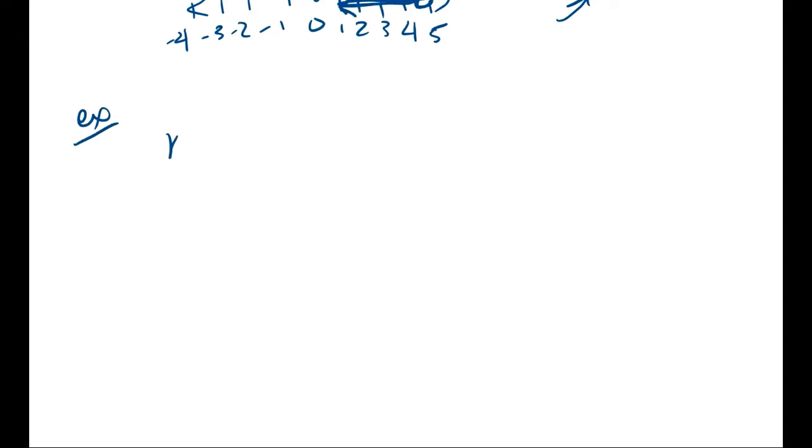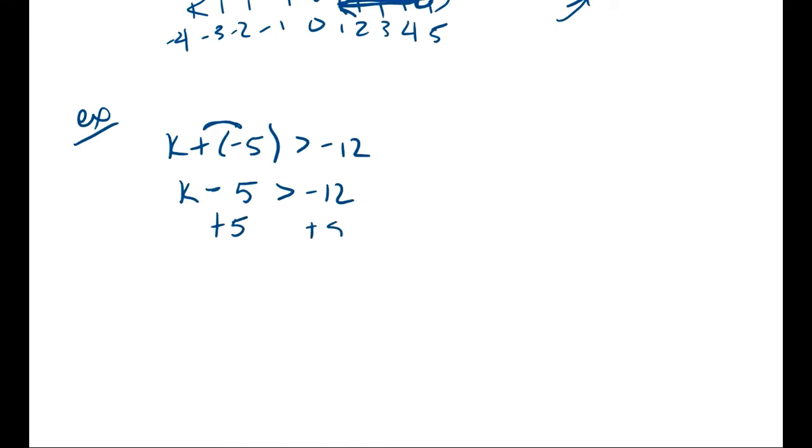What if I had k plus negative 5 is greater than negative 12? All right, look at those integers here, positive and negative. Remember we learned that a positive times a negative is a negative. So I could rewrite this as k minus 5. Now I can isolate that variable and recognize it's being subtracted by 5.